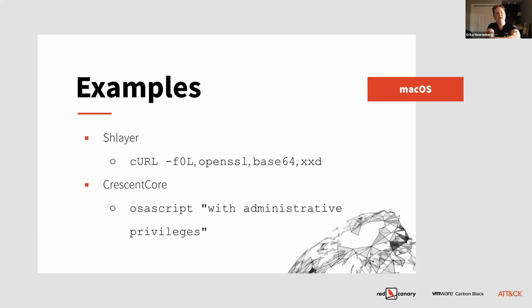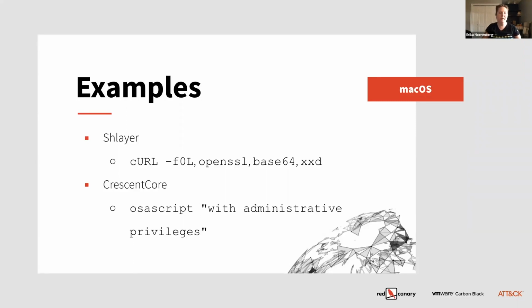So the command line arguments in this case are a little bit unusual, because F is fail silently. So if there's an error, it's just going to fail silently. Most of the time, if there's a failure, you're going to want to log that error or look into it if you're doing something legitimate, right? And then 0 is forcing it to use HTTP 1.0.